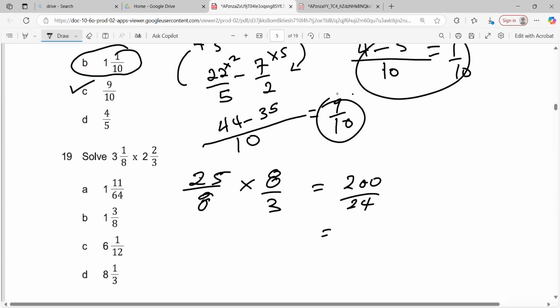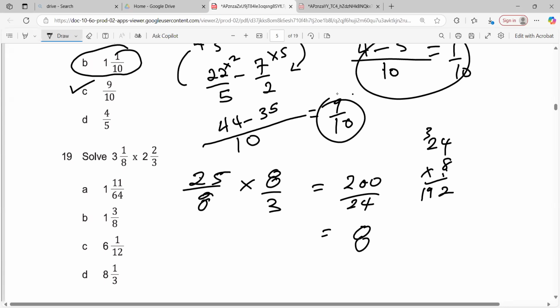And then I canceled. So I'd say 24 into 200. That would go 8. And then you would subtract the product of 24 by 8 from 200, and you would get 8.